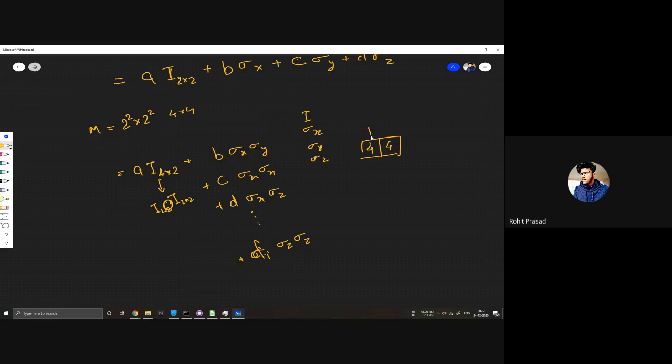So there will be 16 possible combinations. We won't talk about this 2 to the power n cross 2 to the power n case right now. We will only talk about 2 cross 2 matrices. Okay, so let's assume that you have an M which is Hermitian.